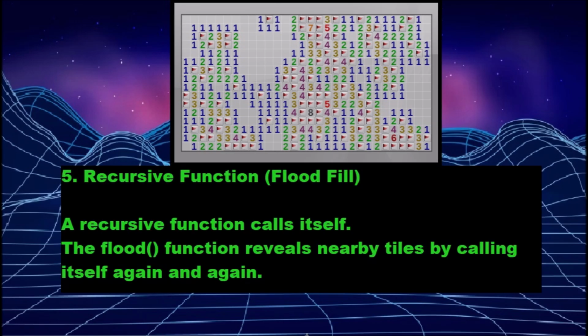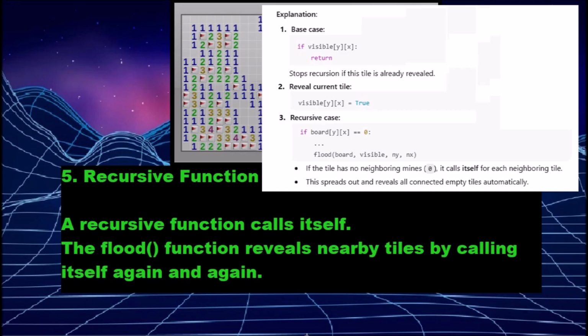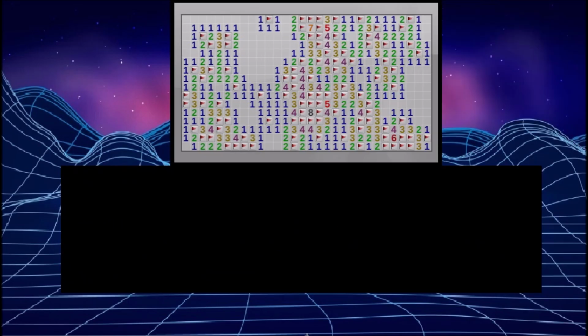Number 5. Recursive function. Flood fill. A recursive function calls itself. The flood fill function reveals nearby tiles by calling itself again and again.